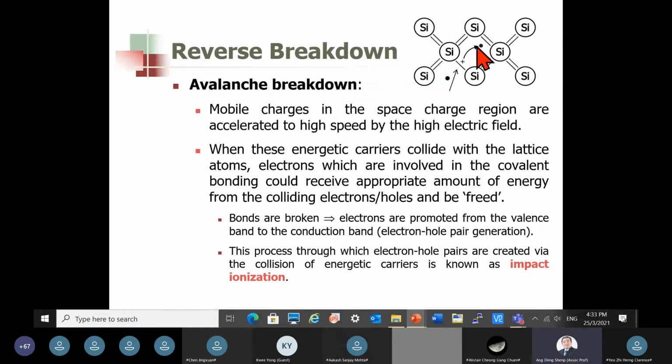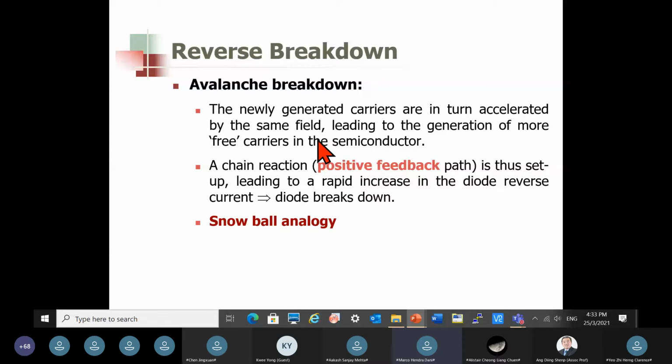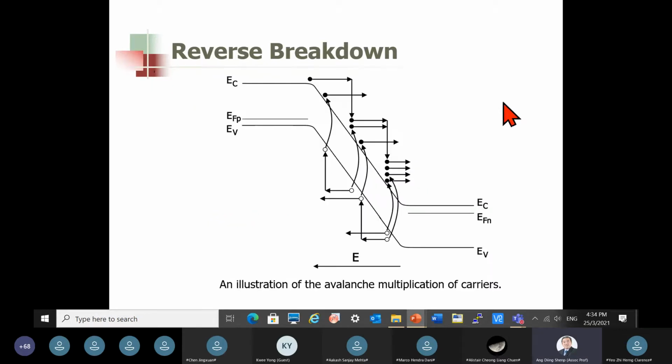Now, what happens after that is important because this electron and hole can in turn get accelerated by the high electric field, causing further impact ionization. All right. So that is the important point that leads to the second process, chain reaction. Okay, so to illustrate this, let me bring you to the band diagram here.